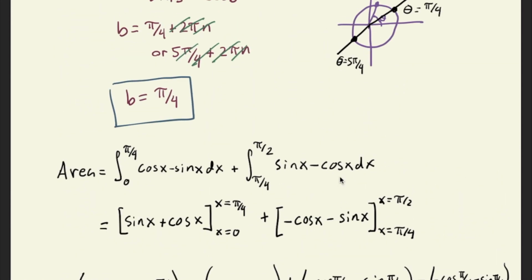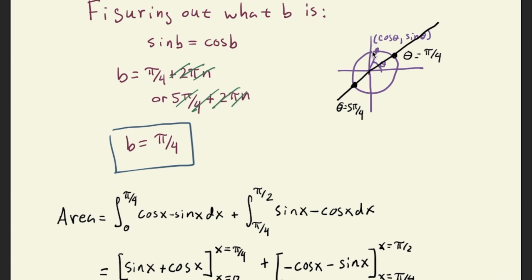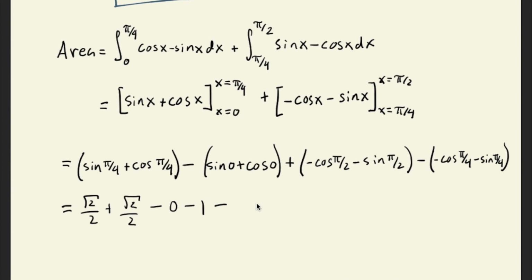You can always figure this out using the unit circle. Pi over 2 is right here, and cosine is the x-coordinate, which is 0. Minus sine of pi over 2; sine of pi over 2 is 1, so that's minus 1.